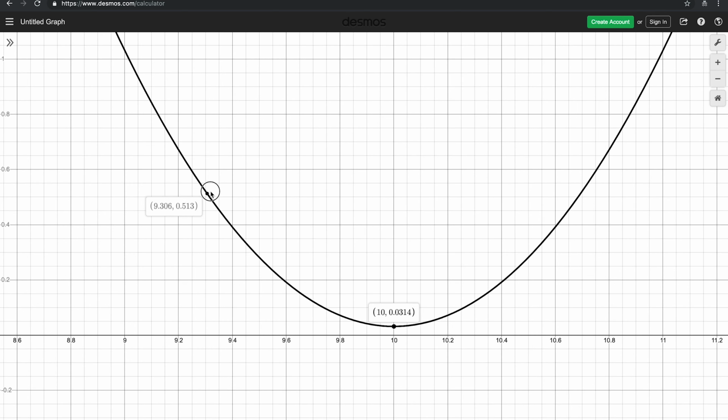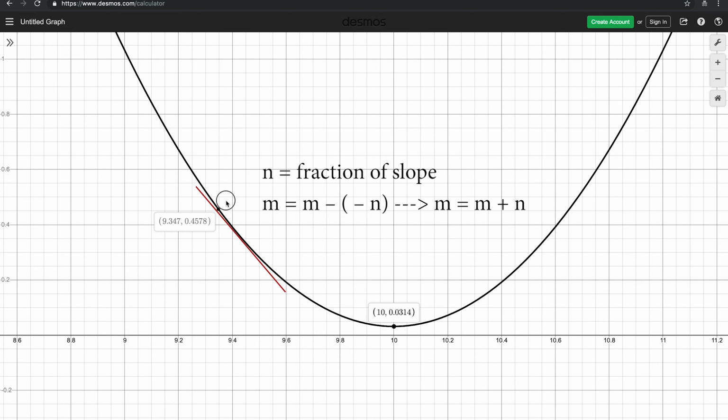But at this point, what do we notice about the slope? Remember, this is going down. Therefore, the slope, or the derivative of the function with respect to m, is negative. Again, it's negative. And if we want to increase m, what do we have to do? We have to subtract a portion of the error, not the whole error, a fraction of the error.